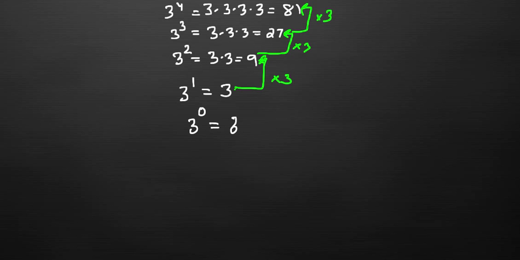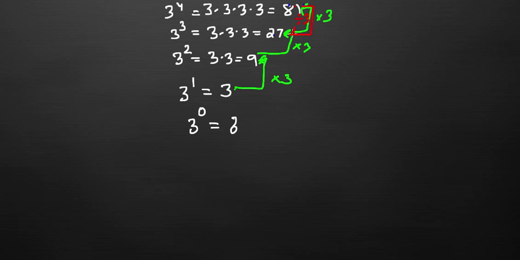Now I wanna do the same thing but in reverse order. Say that you have 81 and you wanna go to 27. To go from 81 to 27, what do you think you're actually doing? You're dividing by 3. So 81 divided by 3 is 27.